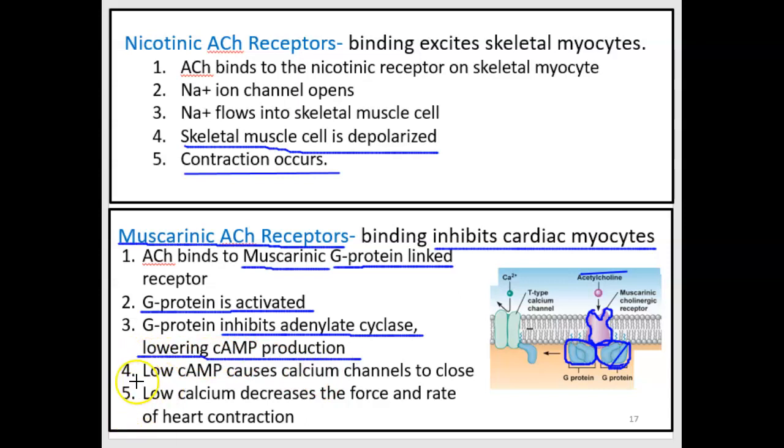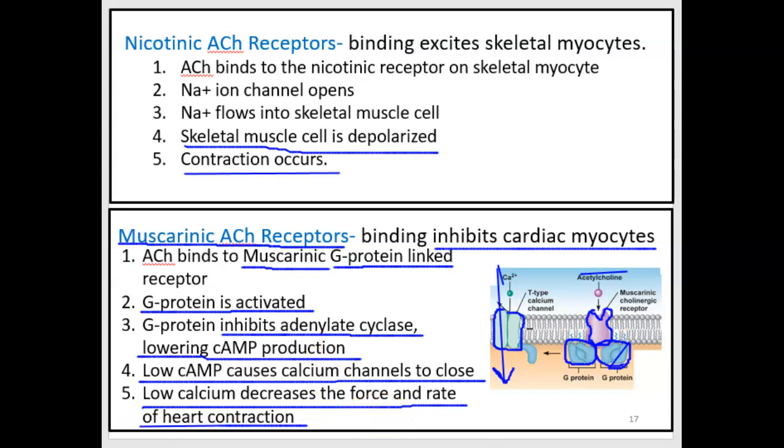And when you have low cyclic AMP, evidently these calcium channels close. So calcium is not going to be able to get into the muscle cell. And you're not aware of this yet, but we need to have calcium in a muscle for contraction to take place. So when you have low calcium, you have decreased force and rate of heart contraction.